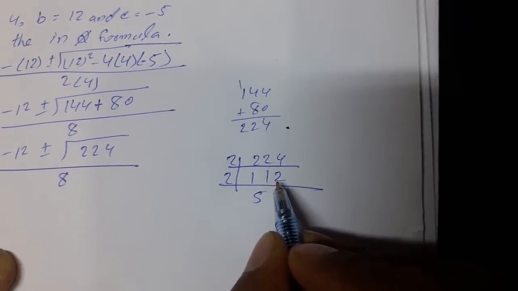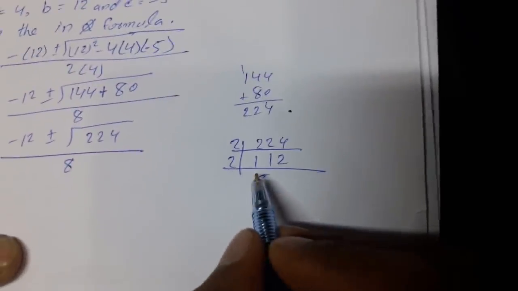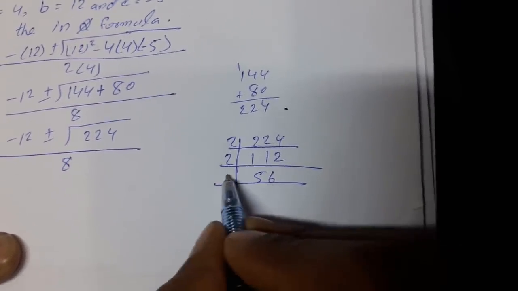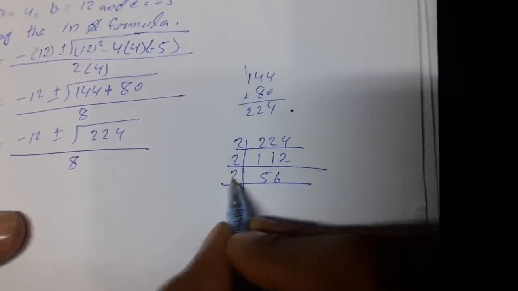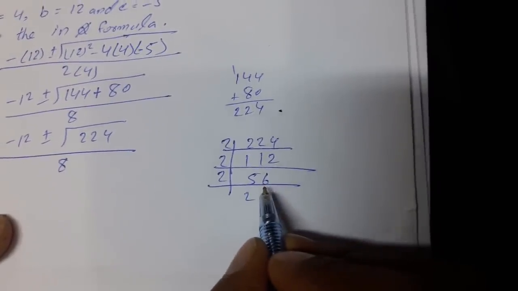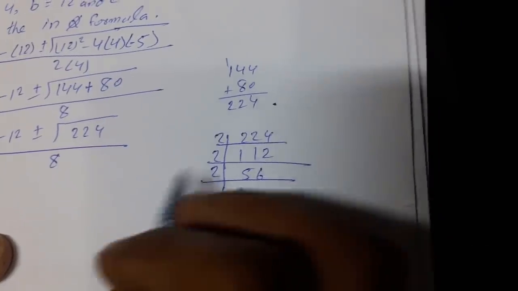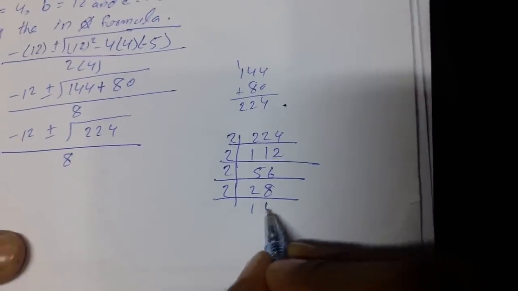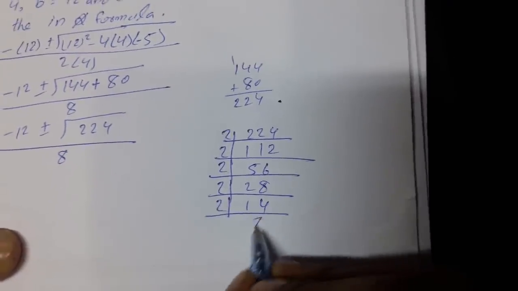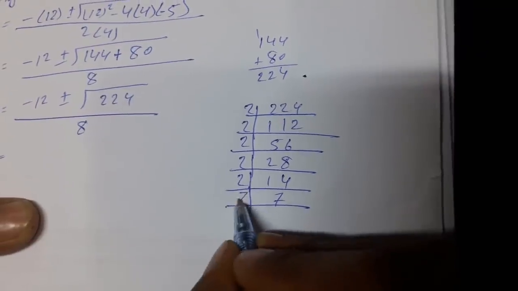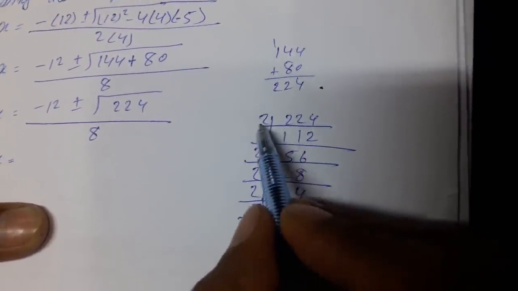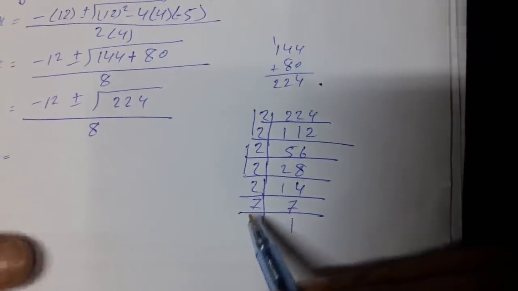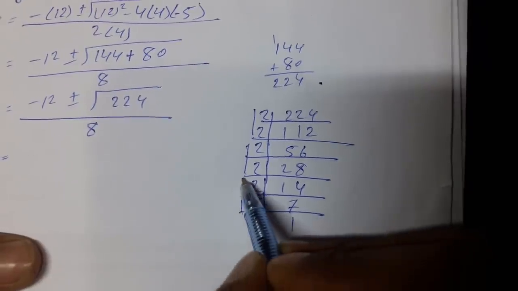Now we divide 12 by 2, it will become 6. Again we divide by 2, and so on, until we reach 7. As you see here, there is one pair, a second pair, and two different numbers.